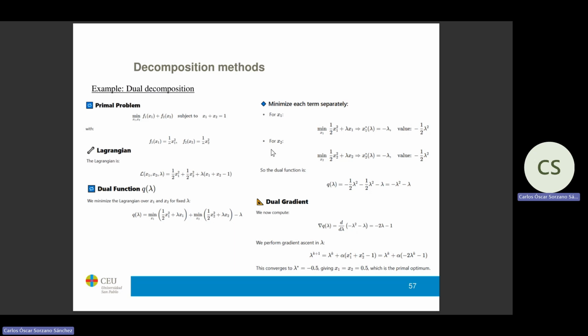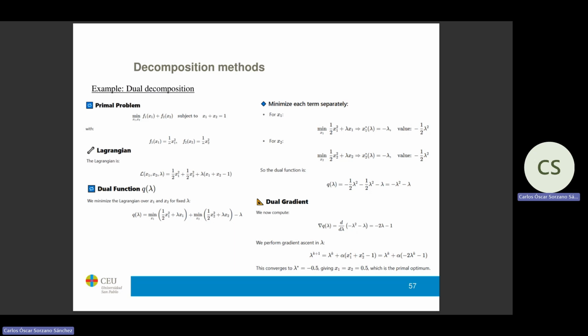Given this Lagrangian, we can construct the dual function: you reorganize it with everything that depends on x1, everything that depends on x2, and then this minus lambda that stays alone. Then you solve the two problems independently. The solution of this one is x1 star equals minus lambda. The solution of this one is x2 star equals minus lambda.